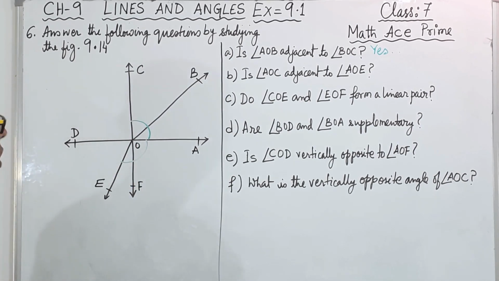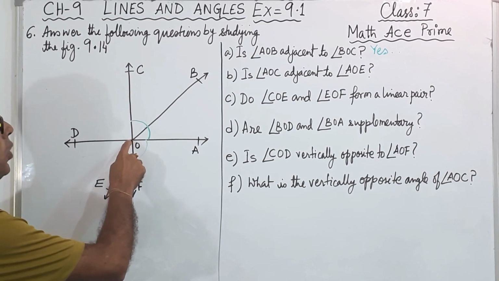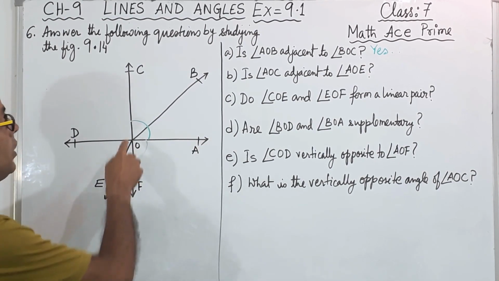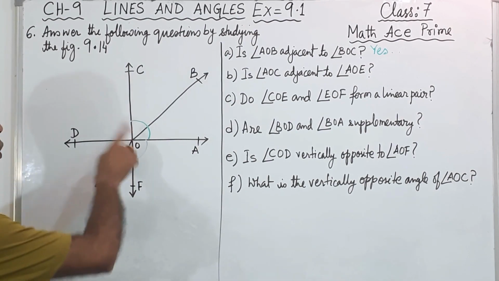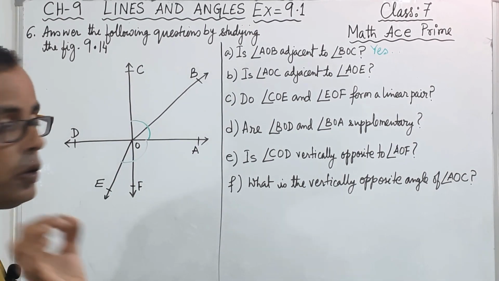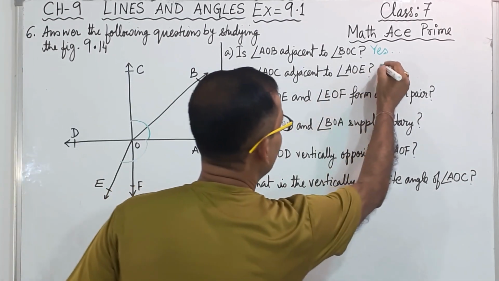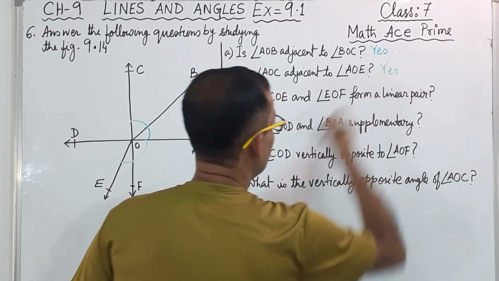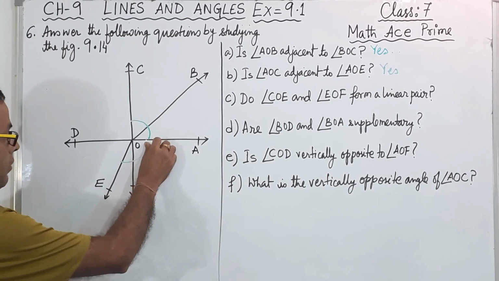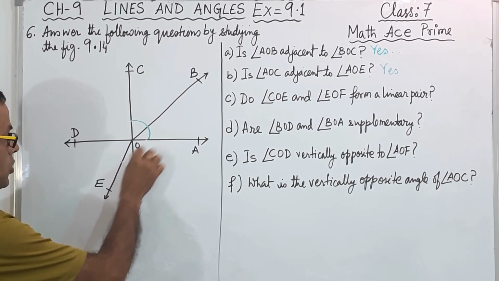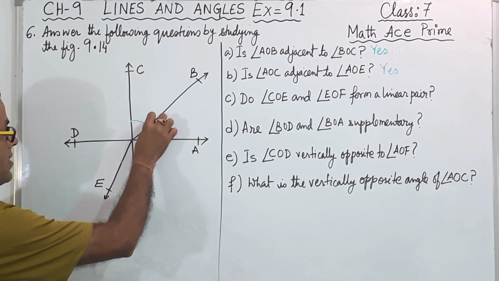Yes, this is also adjacent. Why? You see, OA is the common arm and OC and OE are the non-common arms and O is the common vertex. So we will write here yes. Clear? No?